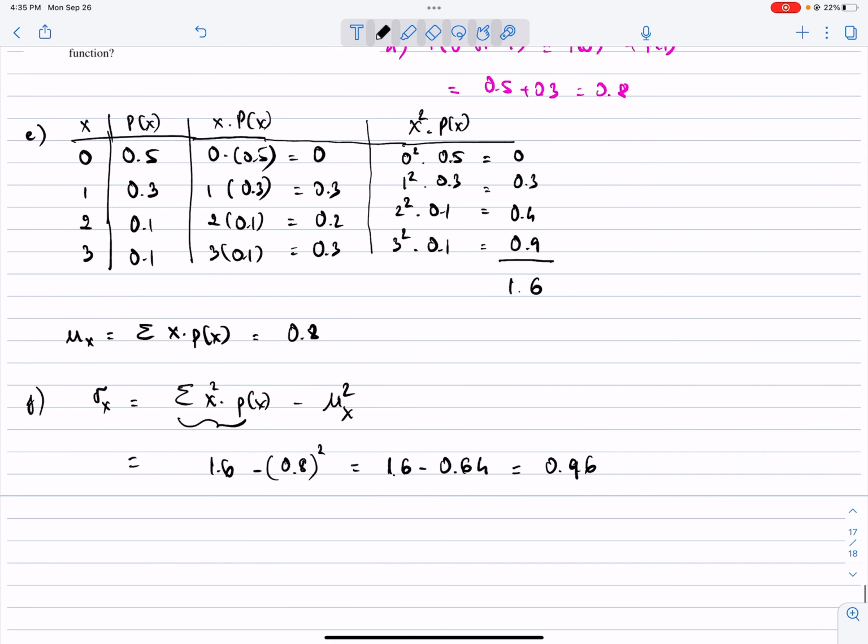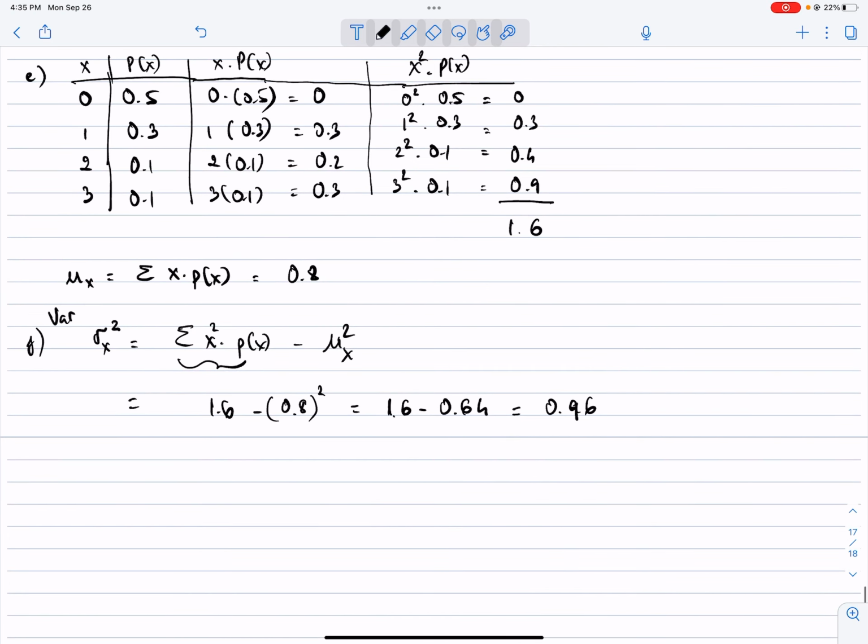This is the formula for variance, and the variance is sigma squared. The sigma squared is 0.96. To find the standard deviation, which is sigma, we just need to take the square root of 0.96. So we get 0.979795 and so on. If we take 2 decimal places, we get 0.98.